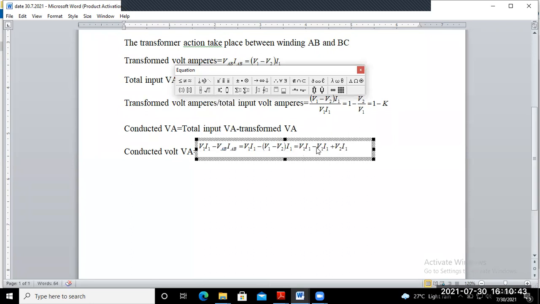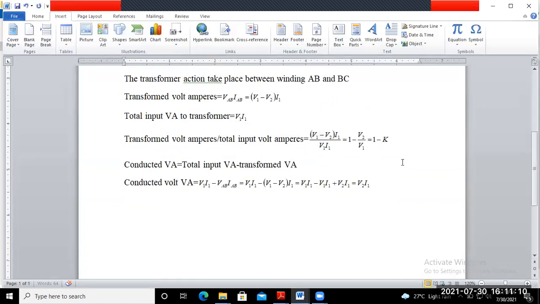So this V1 I1 and this V1 I1 cancel out. So only V2 I1 is your conducted volt ampere rating. V2 I1 is your conducted volt ampere.